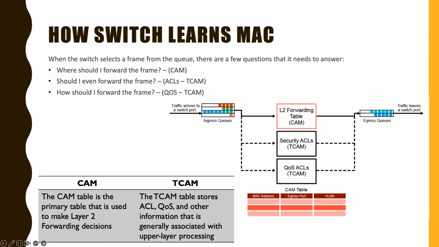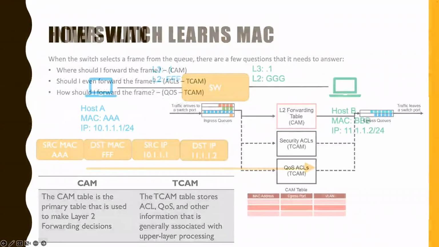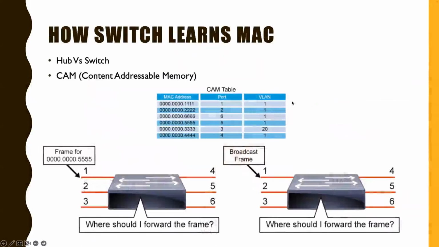When we are matching a MAC, it should be matched completely. If I show you, wait. Here, while we are matching this source MAC or a destination MAC, this complete MAC should match what is there in our CAM table. However, when we are matching an ACL entry, do we need to match the complete source address?